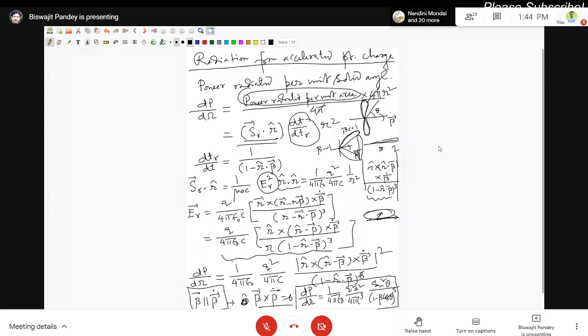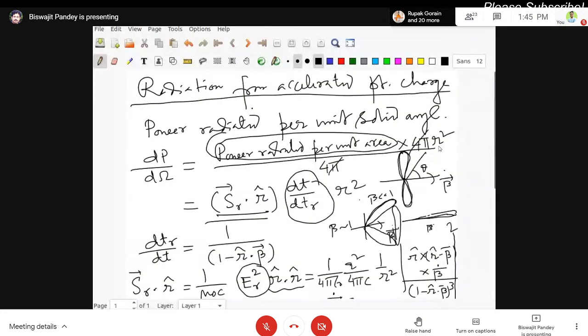So we have this formula which you have to remember. I am not going to derive it again. This is the formula that we will start with. This gives us the power radiated per unit solid angle.